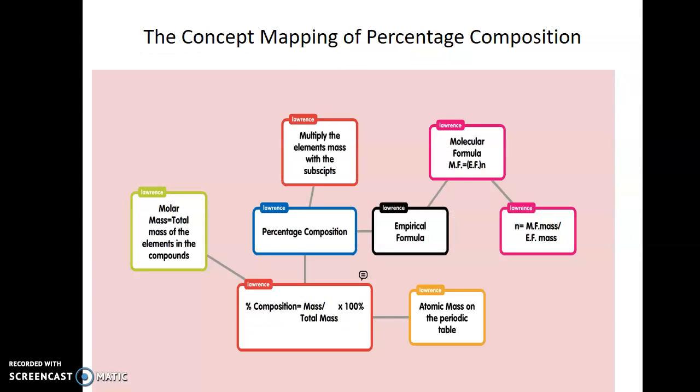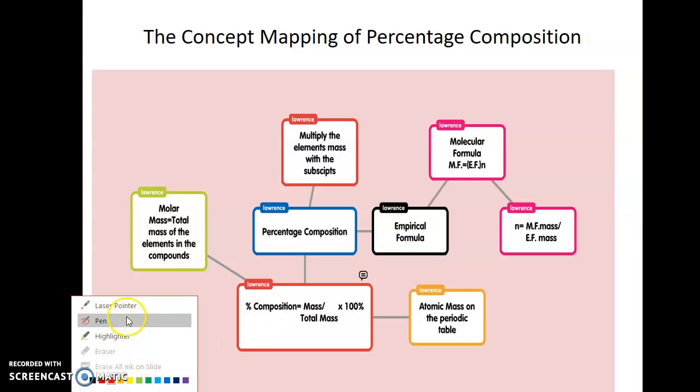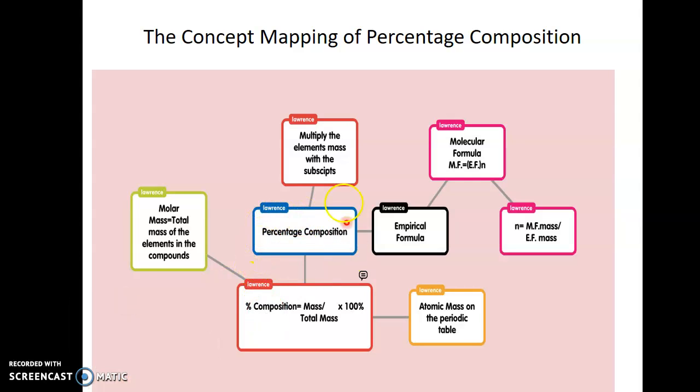I'm using this applet to make a concept map to show the relationship between percent composition, empirical formula, molecular formula, atomic mass on the periodic table, and molar mass, which is the total mass of the elements in the compound.